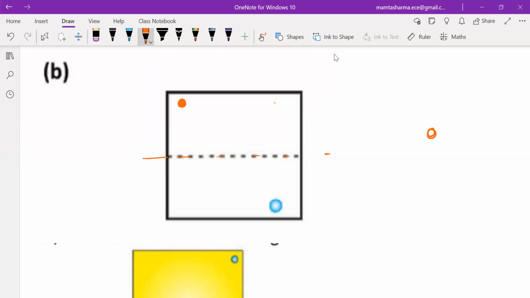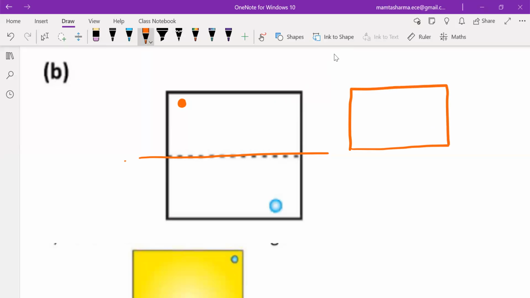If it would be here, then the line of symmetry would be this one. Gohit, the line of symmetry is given. This is not correct. Think about it. You have this paper and you fold it along this line. When you fold it, you could see only this portion.